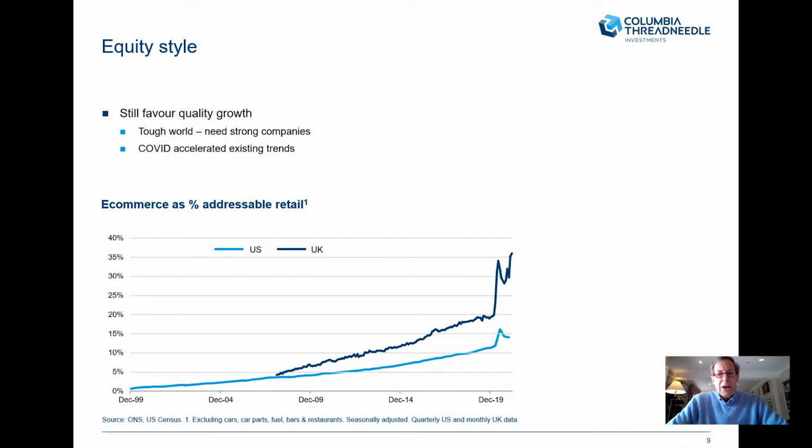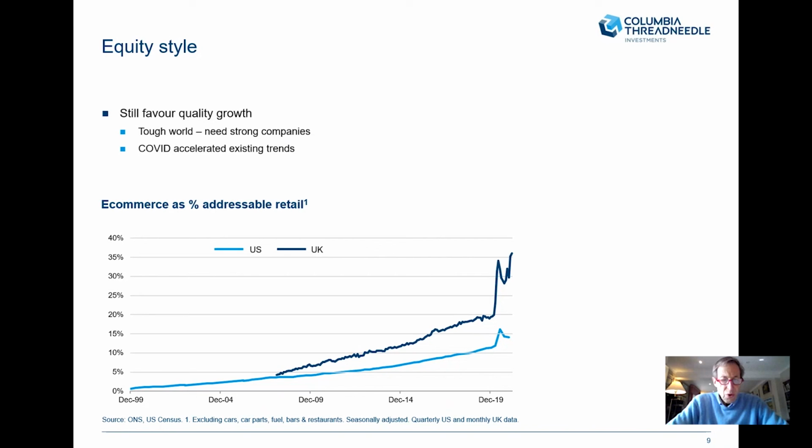Secondly, I hinted at those trends earlier on, and those companies with that bar chart that had done well last year. There were a lot of trends in consumer activity, business activity, that were very evident before COVID, and COVID has really accelerated those. And that we don't think is going to change.